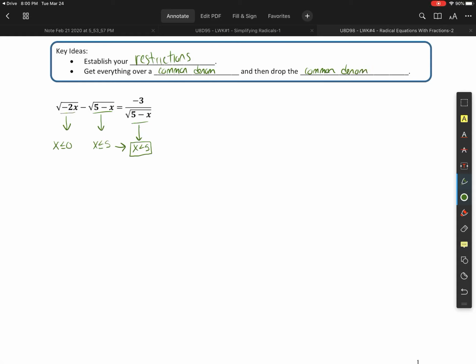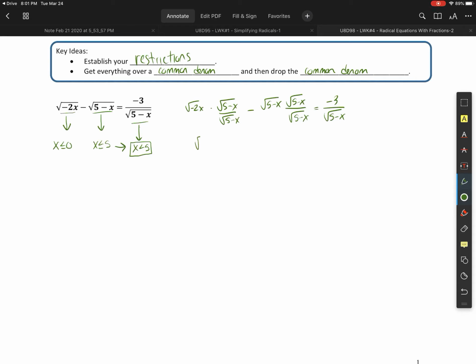Alright, so if I look here, with my first fraction, rad -2x, I'm multiplying that by rad 5 minus x over rad 5 minus x, minus rad 5 minus x times rad 5 minus x over rad 5 minus x equals -3 over rad 5 minus x. So everything's been given that common denominator of rad 5 minus x.